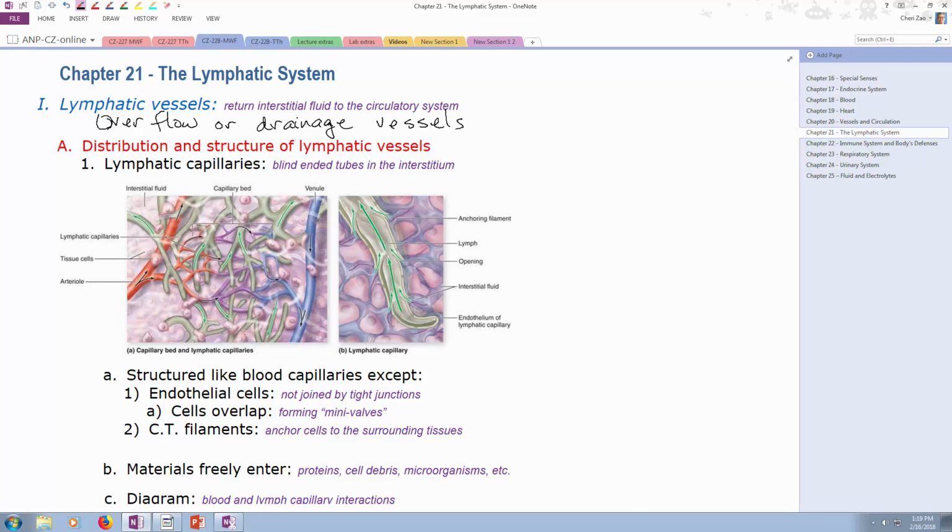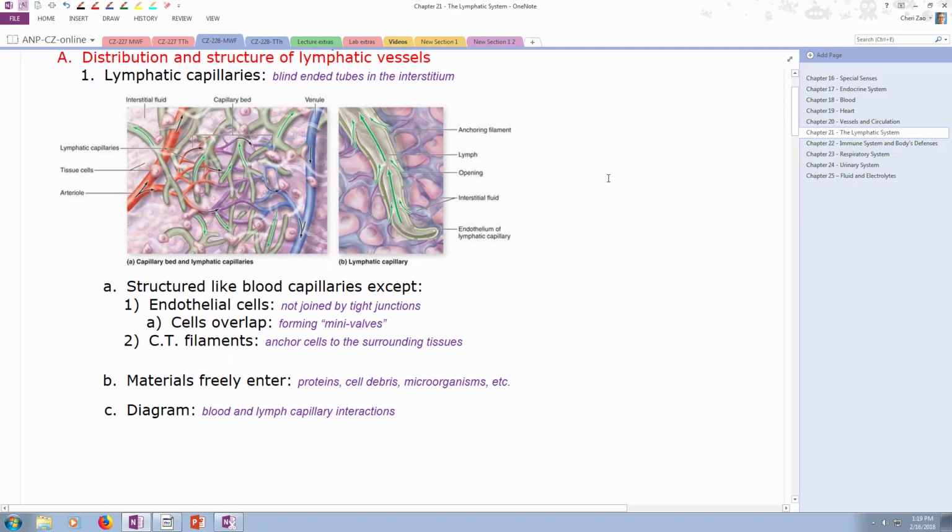So the interstitial fluid indeed does build up and cause edema of that extremity because we don't have the proper lymphatic return system intact anymore. So let's take a look at the distribution and the structure of our lymphatic vessels. First, the smallest are the lymphatic capillaries, and they are, interestingly, blind-ended tubes woven in the interstitium.